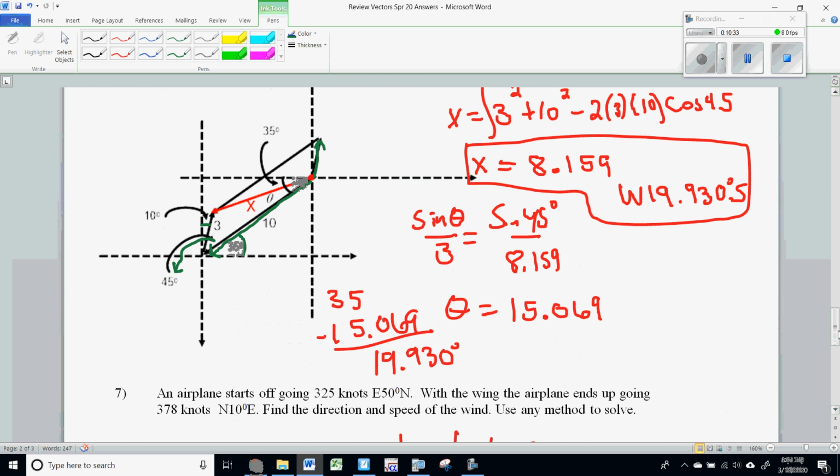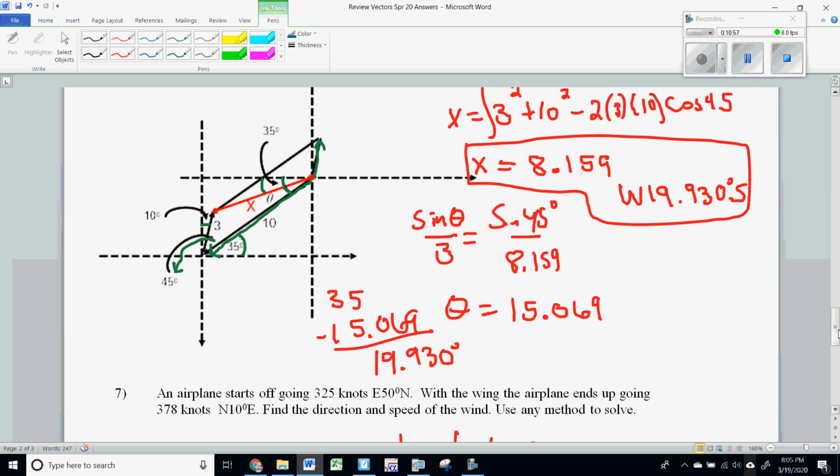And now to try to solve for the angle, I have to draw my picture here, and I try to find this angle right here, theta, which is 15.069, but I know this whole angle here is 35, so the angle up here from west is 19.93.